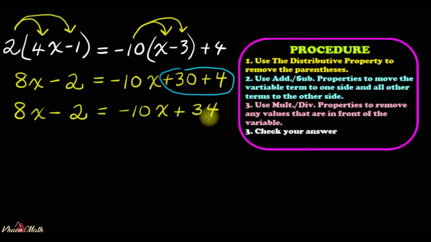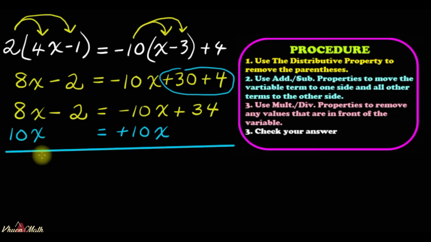And then when you collect these two terms, you get 34. Okay, so step 1. And then step 2, we're going to use the addition or subtraction property to move the variable term to one side and then all other terms to the other side. So here we're going to move the negative 10x. Okay, we're going to get rid of the negative 10x, and to get rid of it, you add 10x, and then if you add 10x to the right, you got to add 10x to the left.